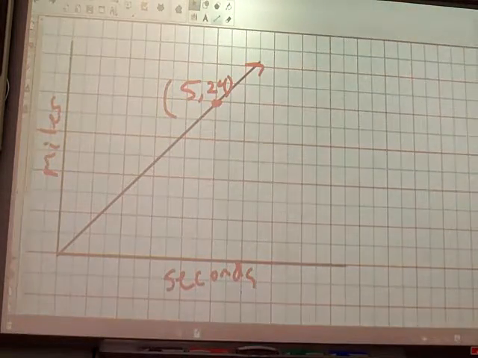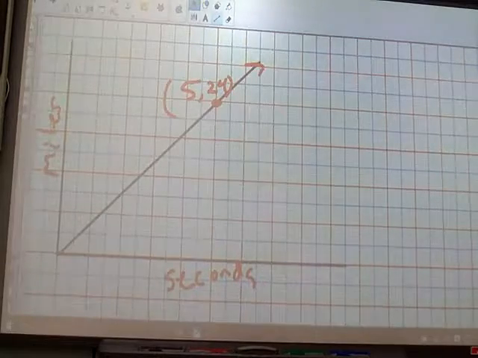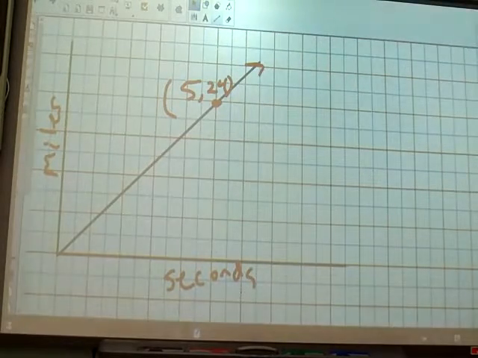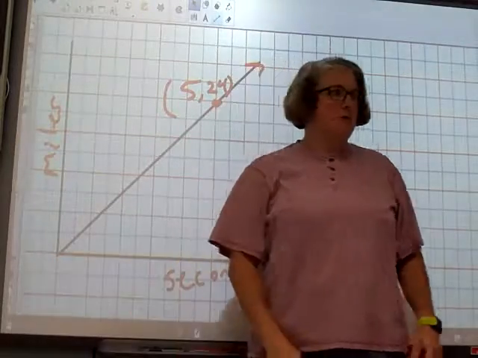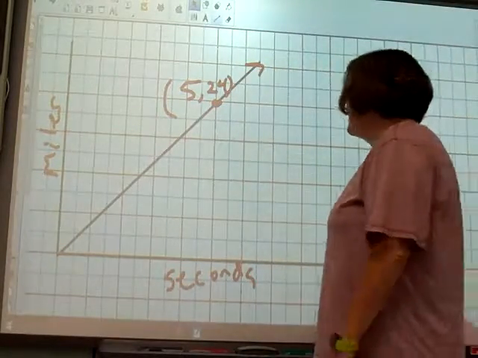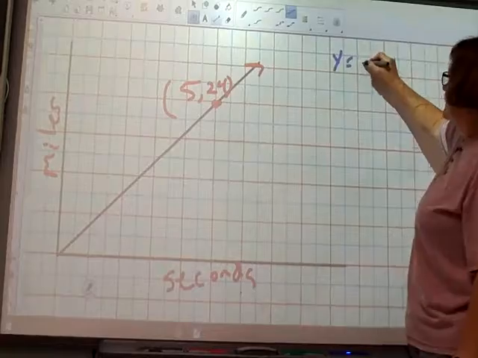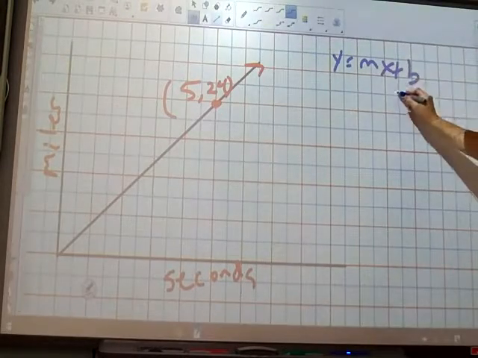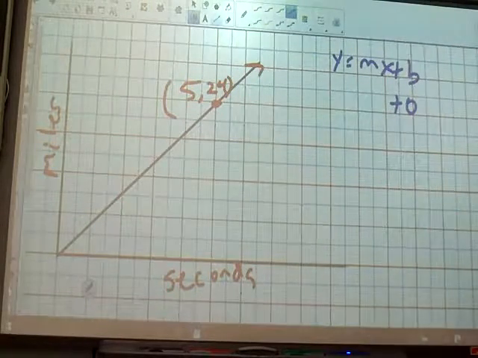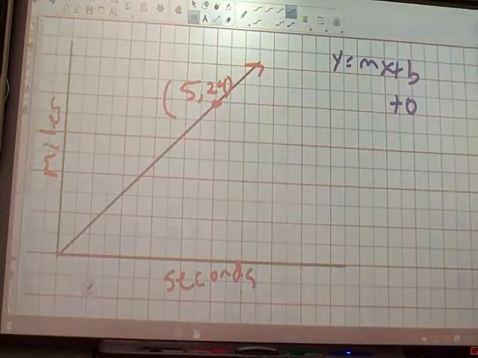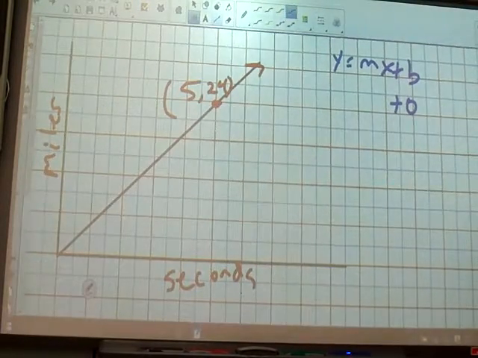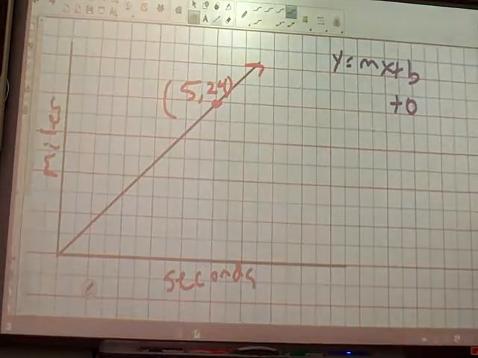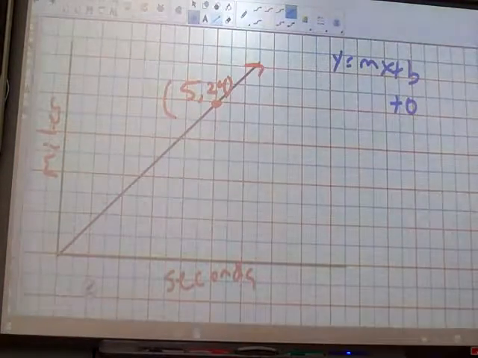What is the b on that line about our asteroid? b is the y-intercept. Where does this line cross the y-axis? 0. So if I'm thinking y equals mx plus b, I already know I've got a 0. Now m: what can I do to find the slope of that line?